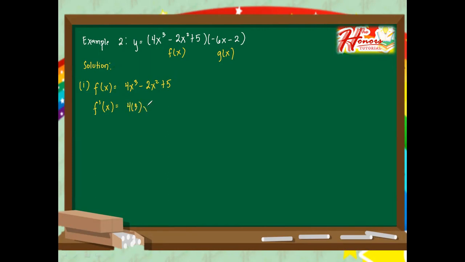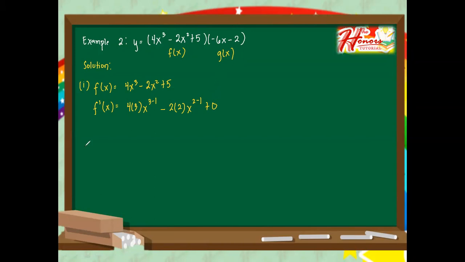And then we have here x to the 3 minus 1, minus 2 times 2 x raised to 2 minus 1, plus 0. It is because we are applying the constant rule here.